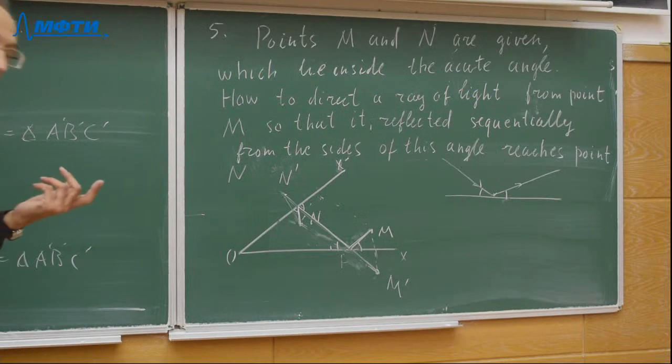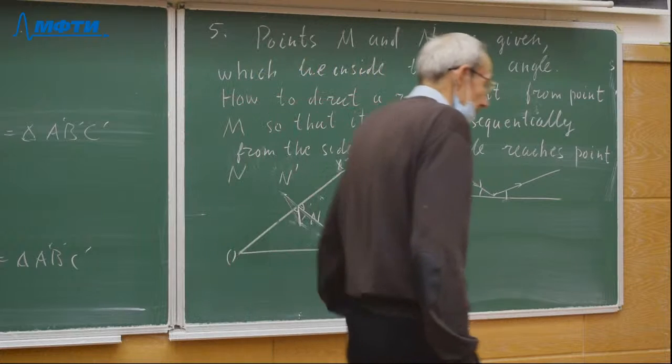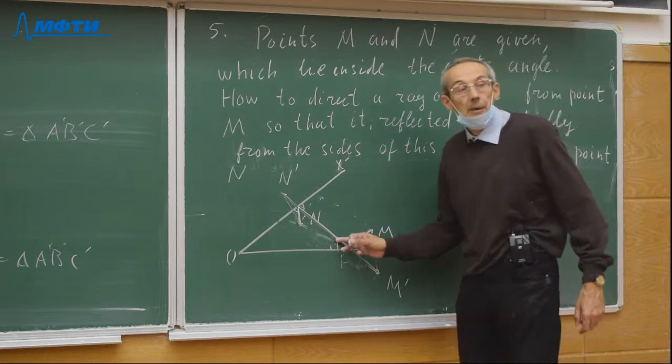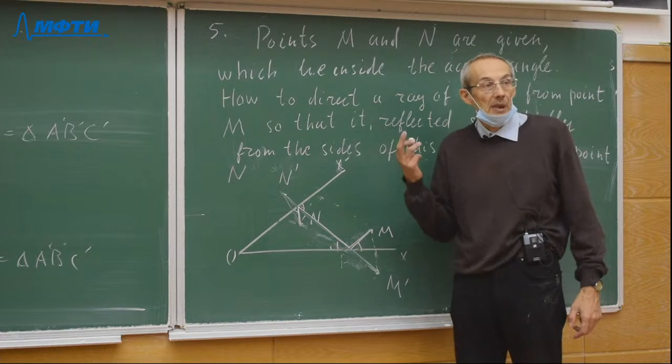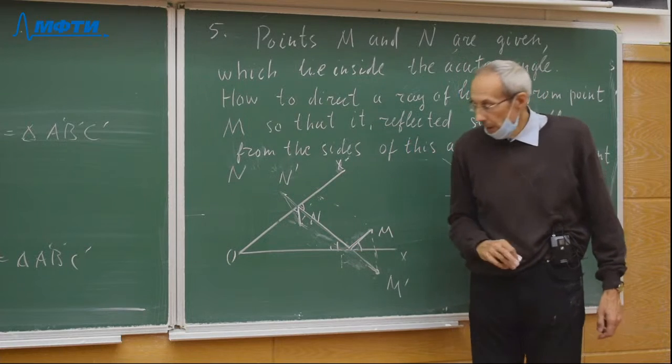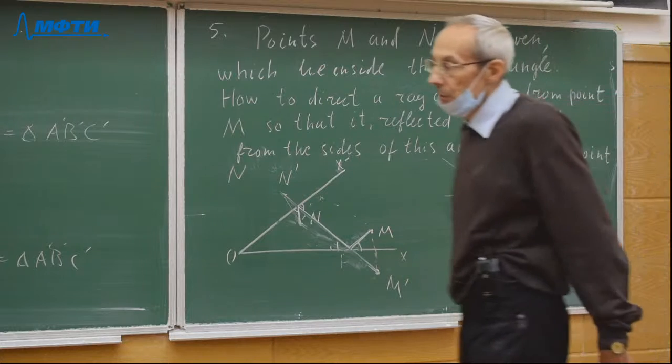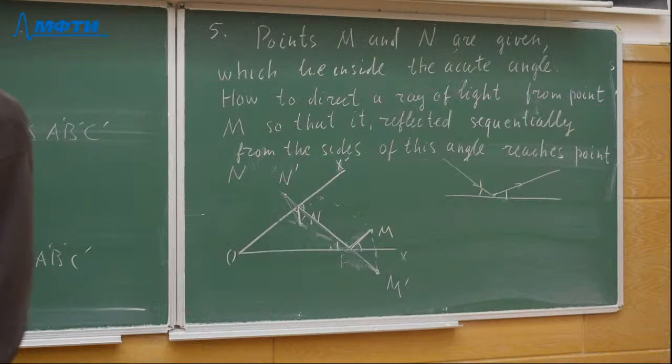And the main principle is that the way of the ray is shortest, it has the shortest length, and this principle is a consequence of the physical principle, maybe it's called the variational principle.